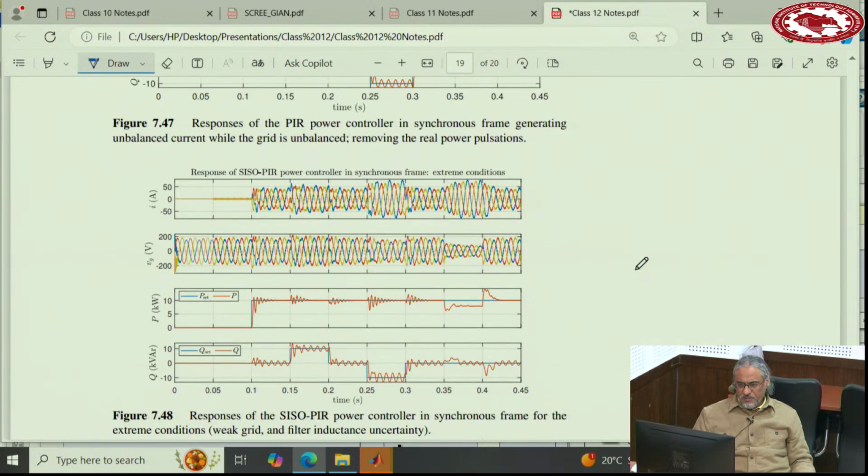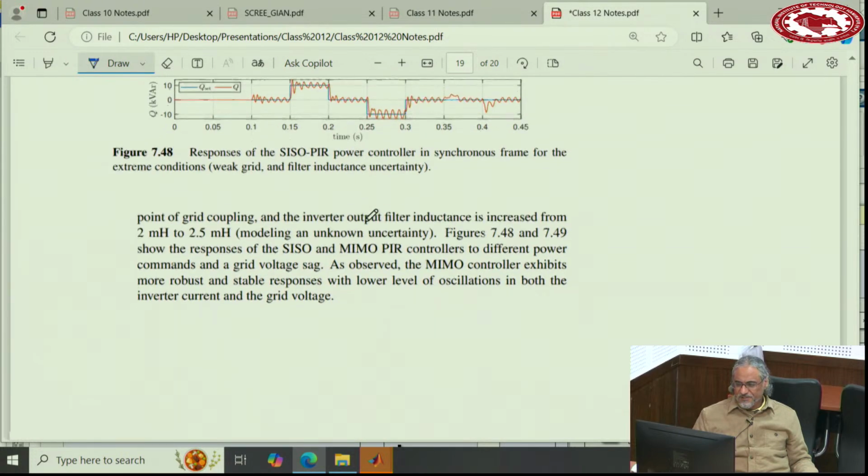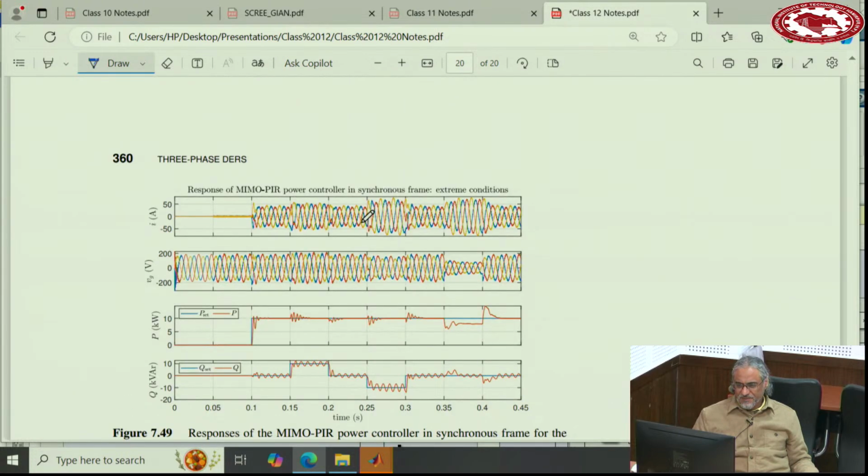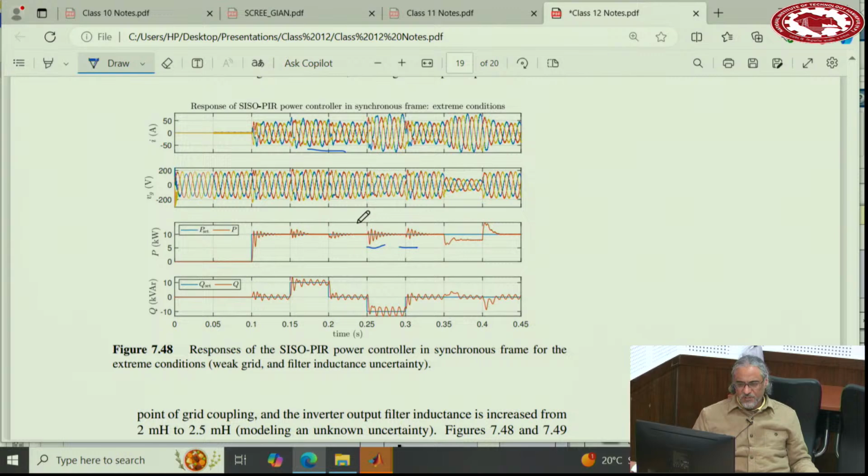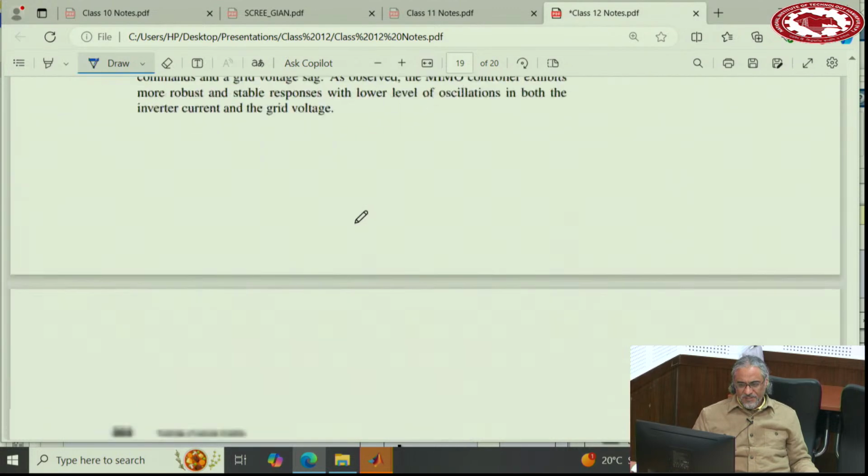And this is the extreme condition where you see oscillations happening. When you push it to the extremes, you will see the system starts getting loose and showing oscillations. That was for CISO, and this is for MIMO.